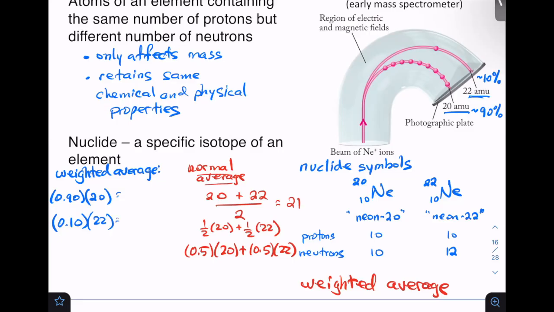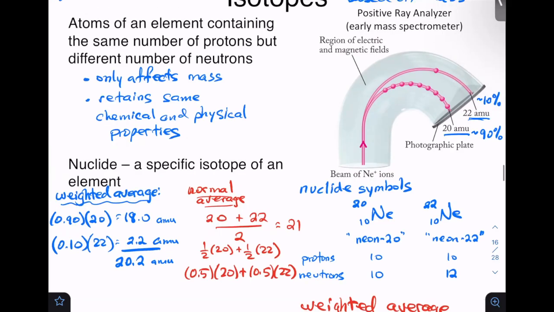It's the exact same math that I just did in red for the normal average, except this is now a weighted average. So 0.9 times 20, you can use that on a calculator or do it in your head, however you want to do that. You would get, what is it? This is 20.2 AMU. Now, if we were to look on the periodic table for that number that's written under neon, what do you suppose it will say?